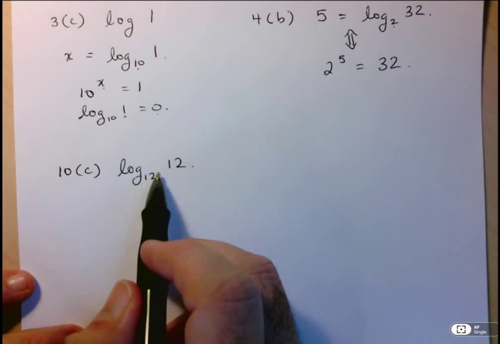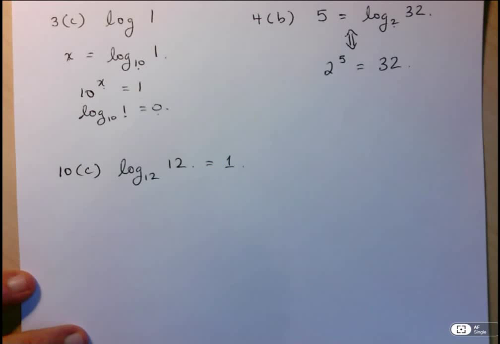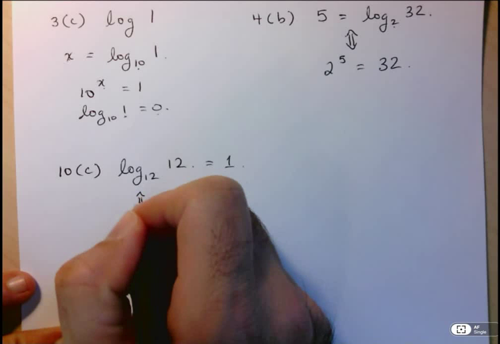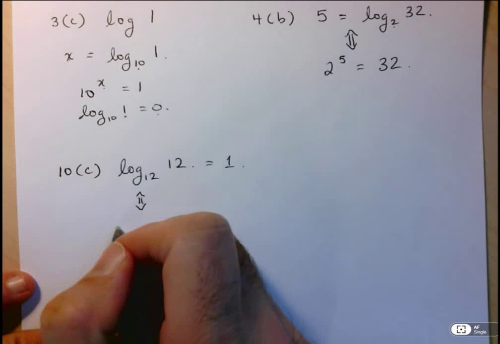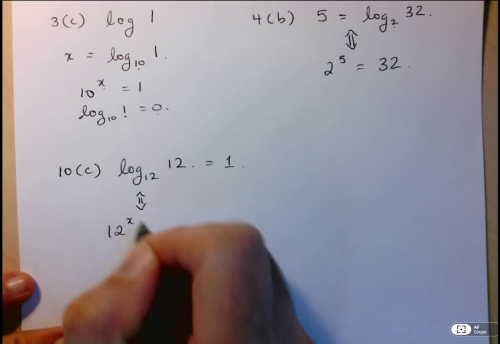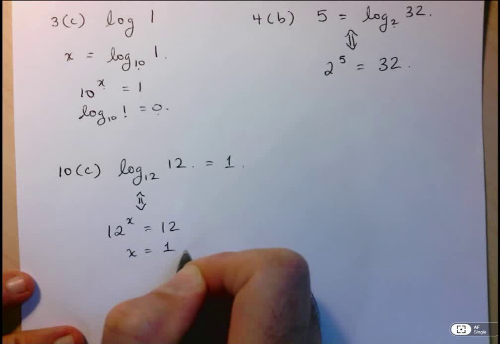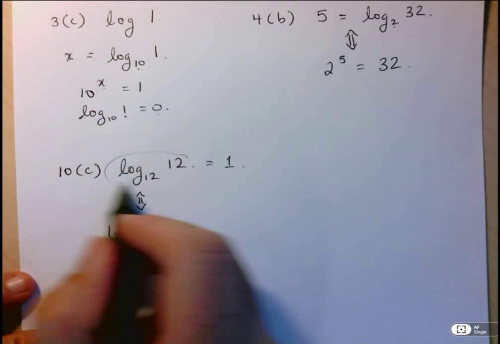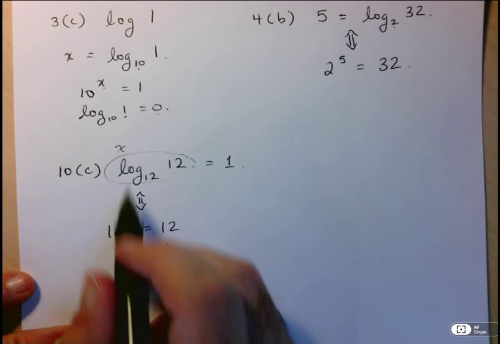Well, 12 to what exponent is equal to 12? Well, that's just equal to 1. And again, if I did want to rewrite this as an exponential expression to help me out, I could say 12 to what power is equal to 12, and so that's just equal to 1. So this whole thing here, if that's represented by x, we see that that power should just be 1.